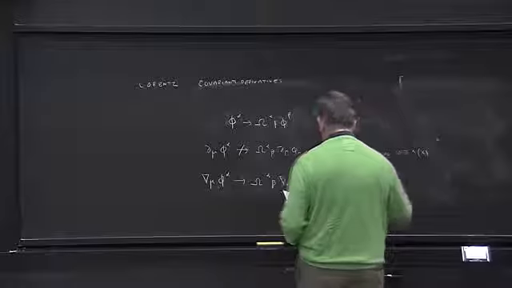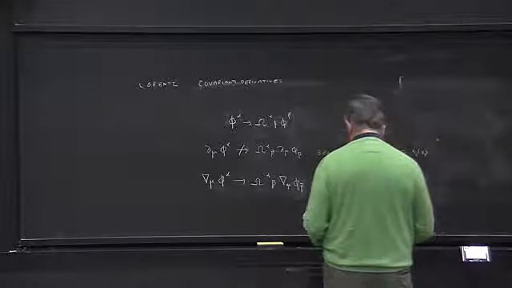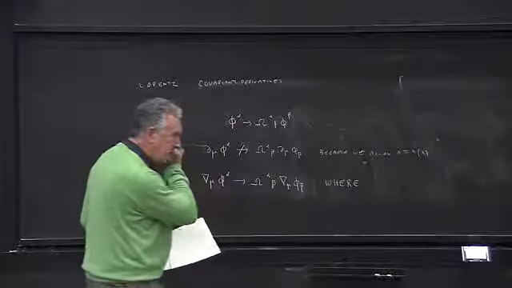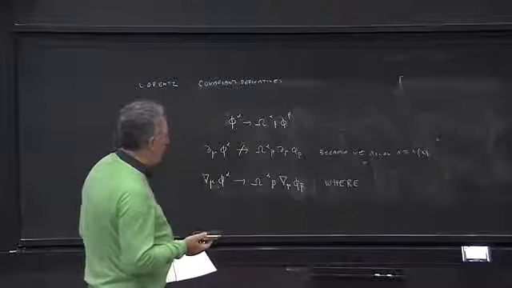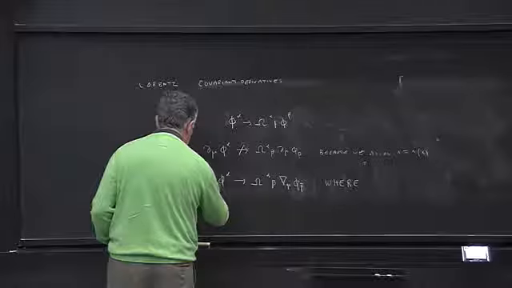Where the covariant derivative, okay, some authors use different notations. We've used grad mu for a generally covariant derivative. So to distinguish it, I'm going to call that one D mu.